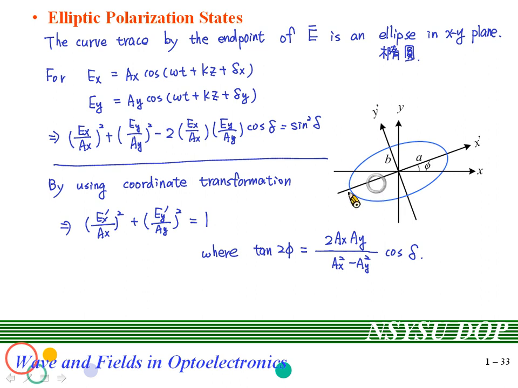So by using the coordinate transformation, you can easily transform such a complicated expression into the simpler equation we are very familiar with for an ellipse. That is the definition of the elliptic polarization state.